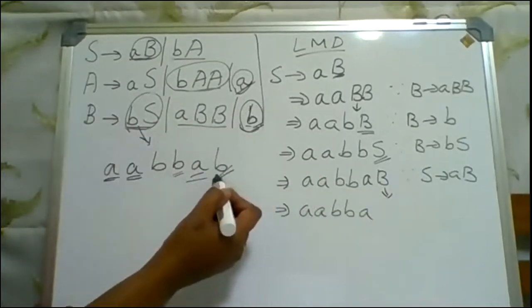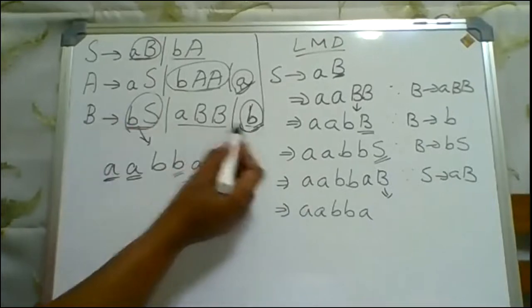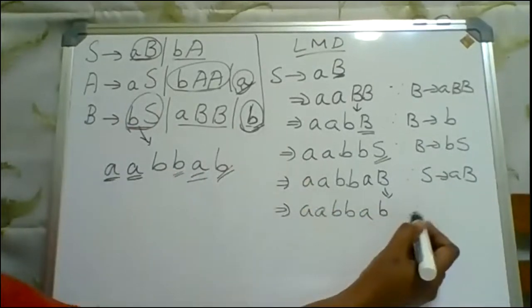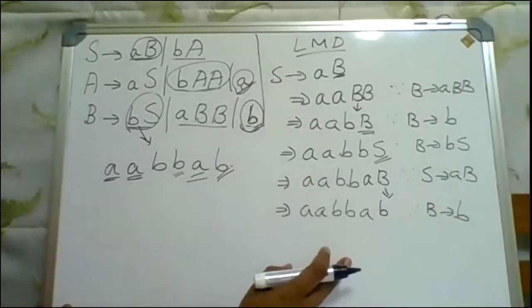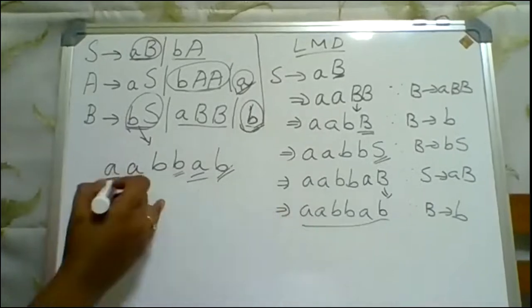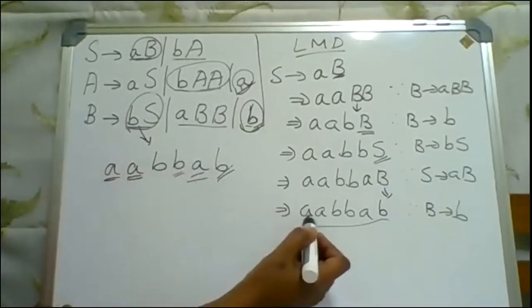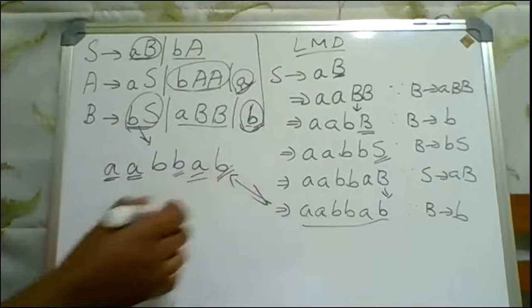We need to get only a single symbol, that is B, so we can replace this B with B. So using leftmost derivation, we have obtained the string AABBAB.